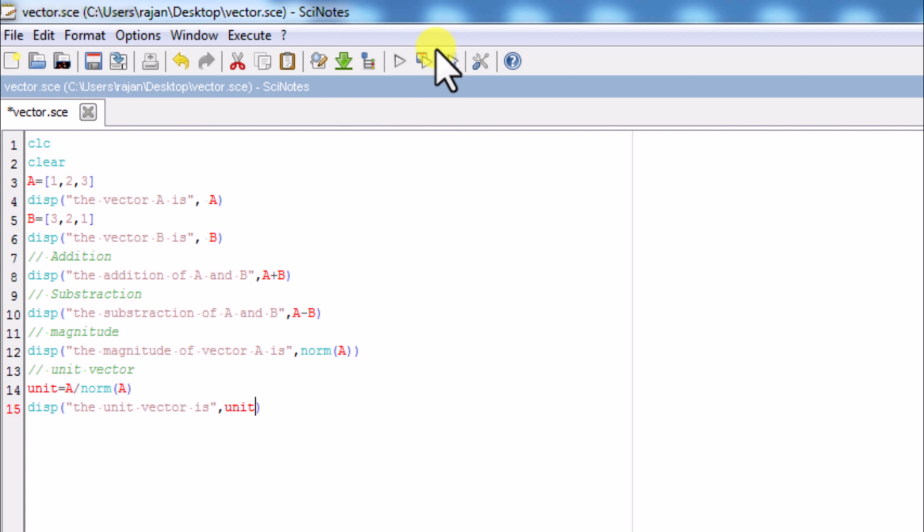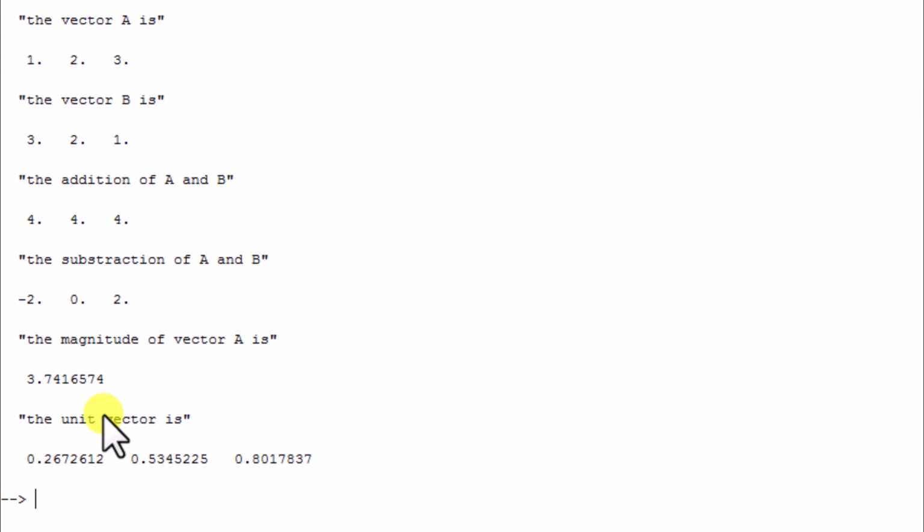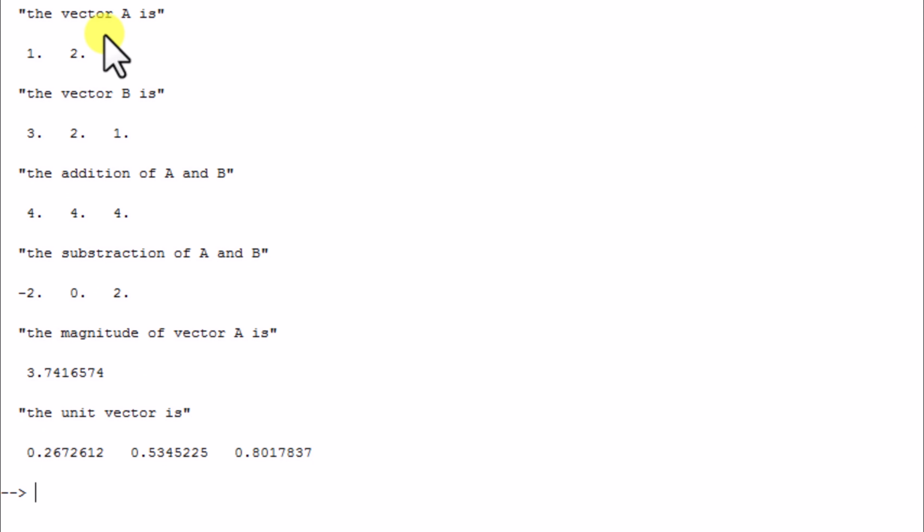Now again we will display the output on the console to see the unit vector, and we can see the unit vector is 1 divided by 3.741, 2 divided by 3.741, and 3 divided by 3.741. So this is the unit vector along the direction of vector A, which we have calculated.